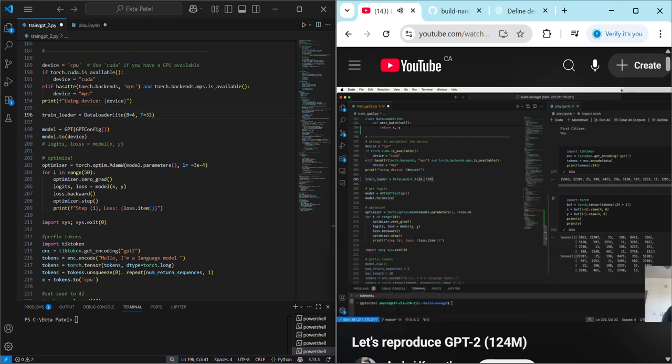And we want to use the same hyperparameters for now. So batch size was 4 and T was 32. And then here, we need to get the XY for the current batch.